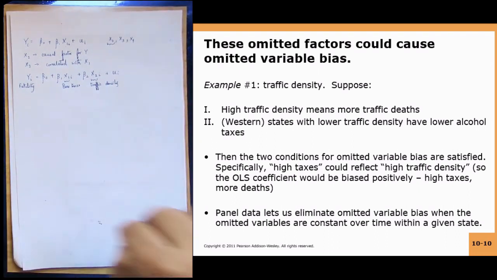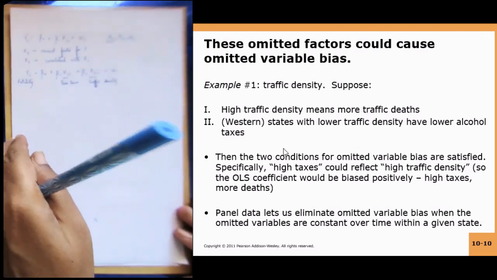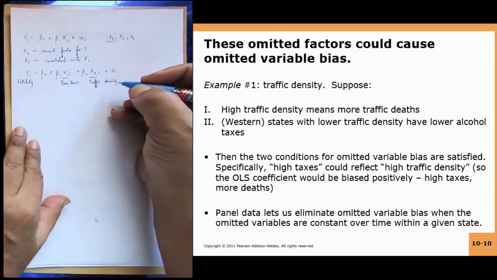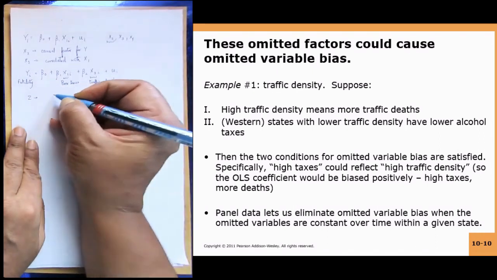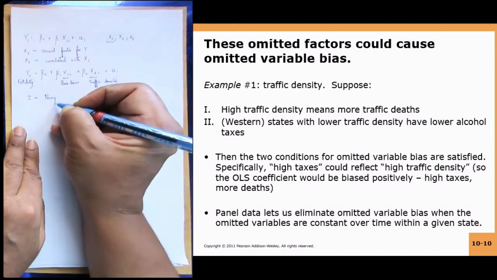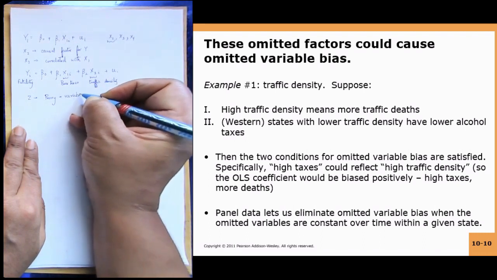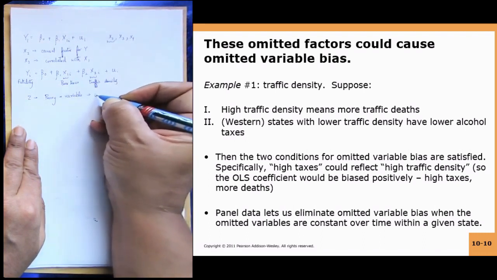But suppose you don't have data for traffic density, or for culture, or for the quality of roads. So you introduce the idea of a proxy variable, z, which is an indicator variable for each entity i.